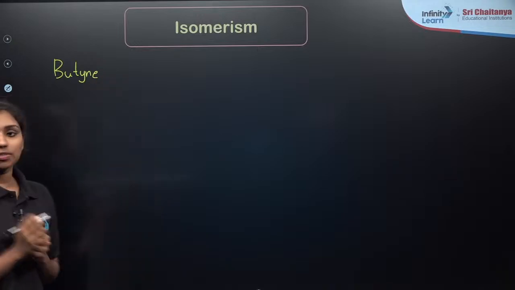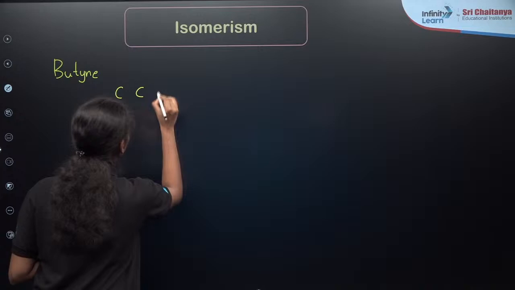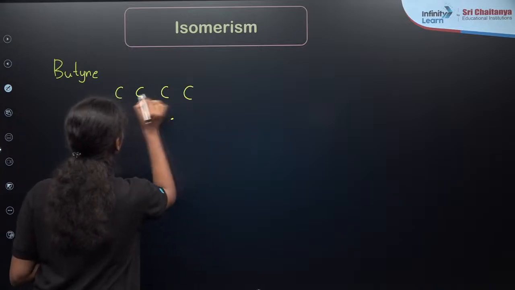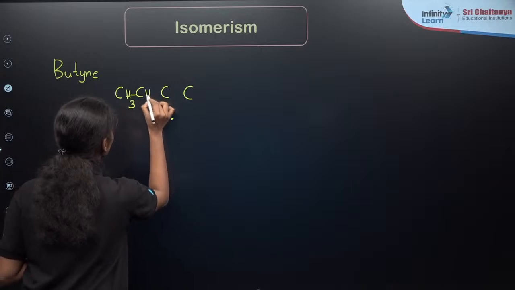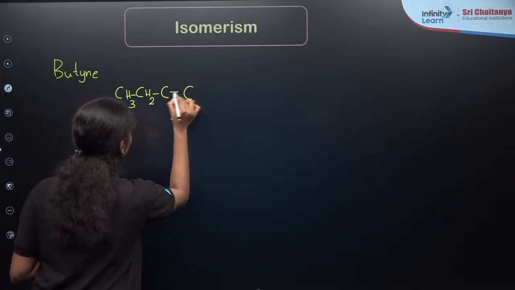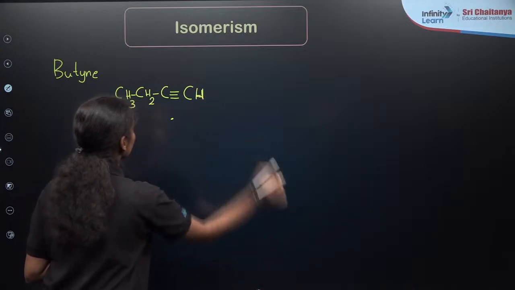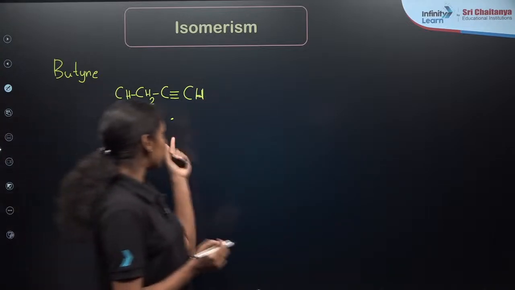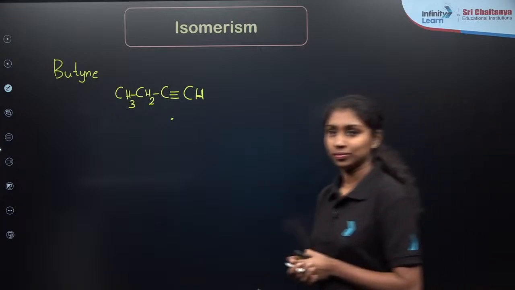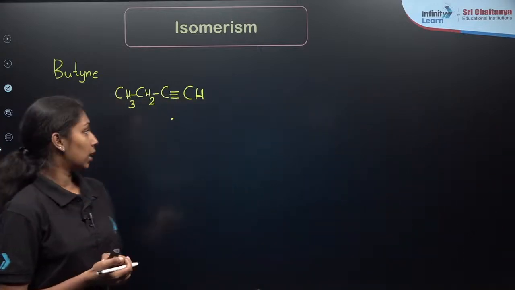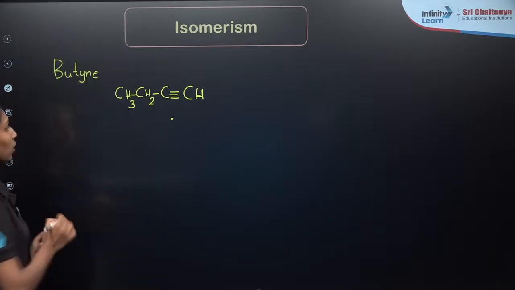What are the possibilities of the isomers in the case of butyne? Butyne means a 4-carbon compound, right? Okay, this is one possibility. What will be the IUPAC name of this particular compound?